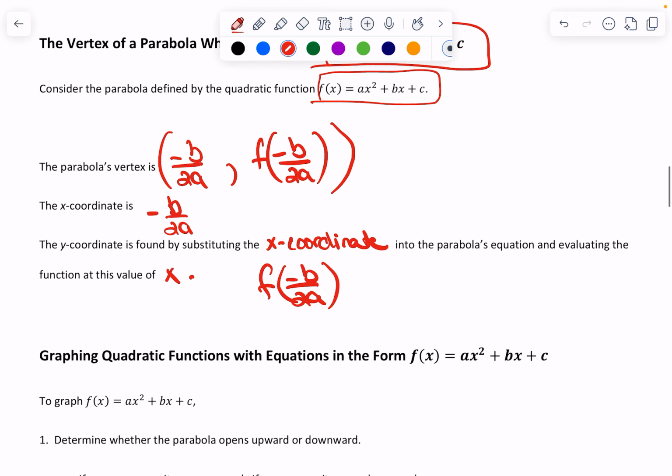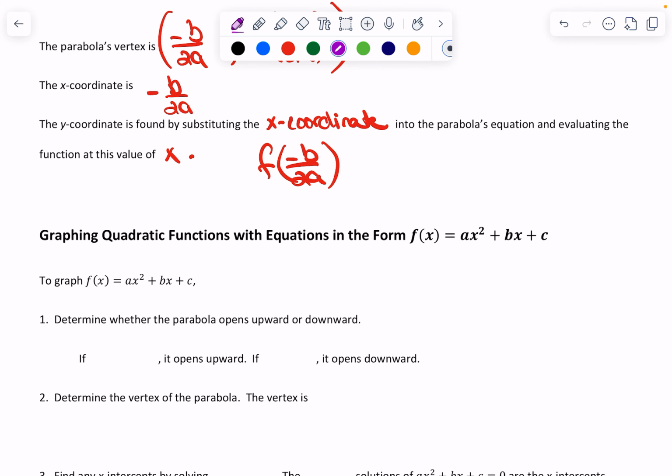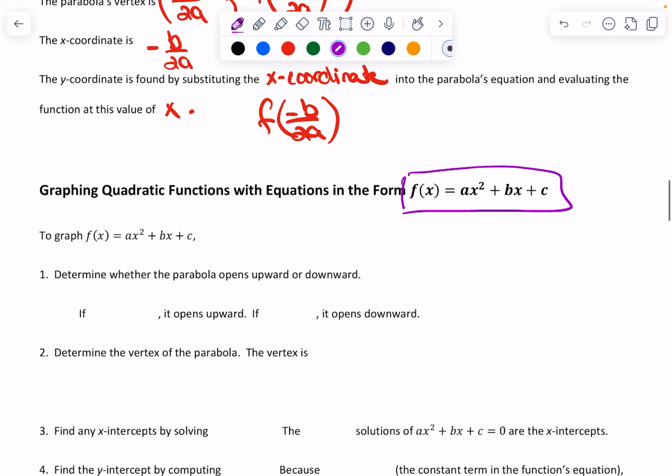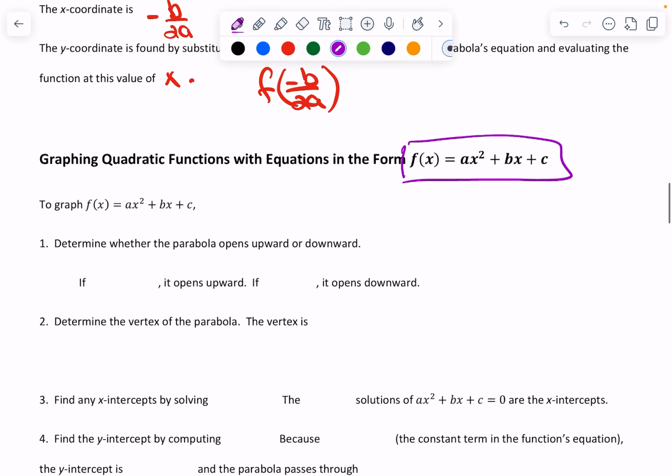Okay, so when we are graphing these functions that are in the standard form, f of x equals ax squared plus bx plus c, we're first going to determine whether it opens upward or downward. So again, the same thing. If a is greater than 0, it opens upward. If a is less than 0, it opens downward. Next, we're going to determine the vertex of the parabola.